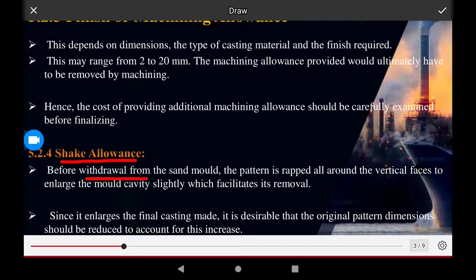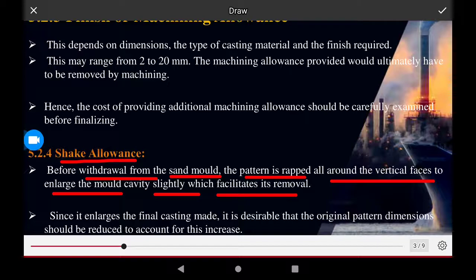Before withdrawal from the sand mold, the pattern is shaped around the vertical face to allow for enlarging the mold cavity slightly, which facilitates its removal.